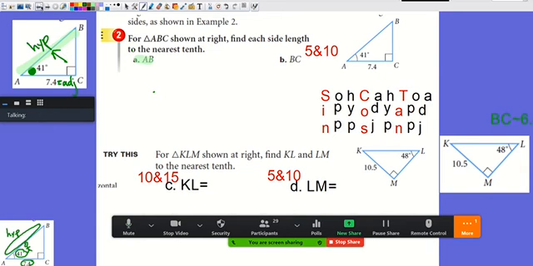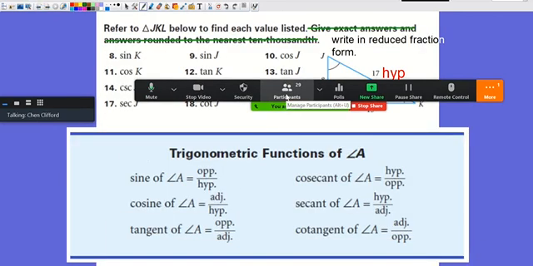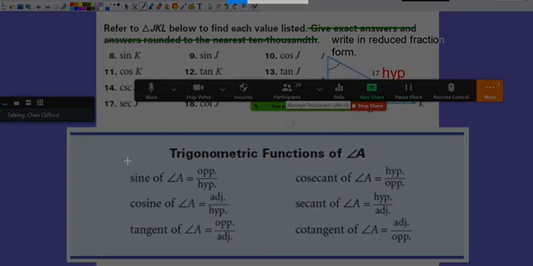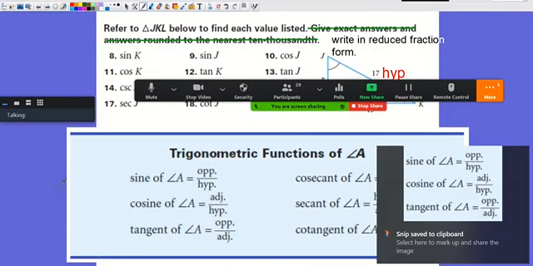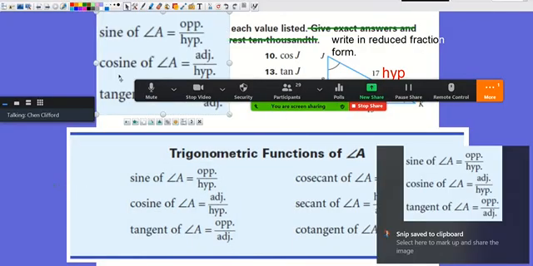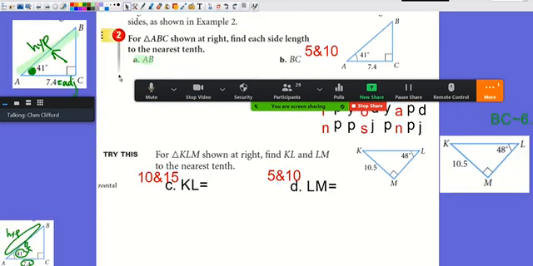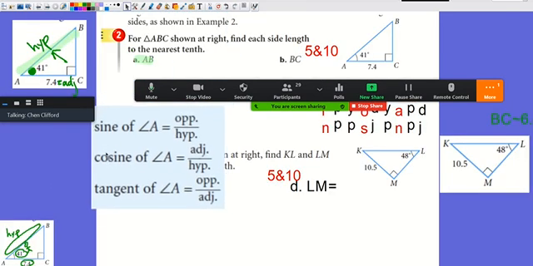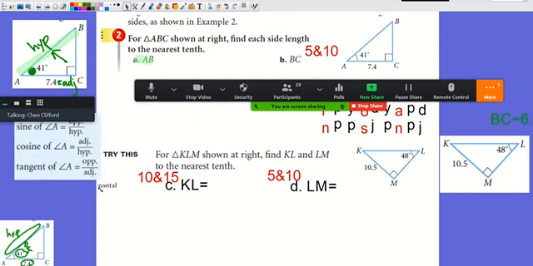Now, let me get this blue box back in the picture. We're only going to be focused on the sine, cosine, tangent for today. For a while, actually. Let me make this smaller here.